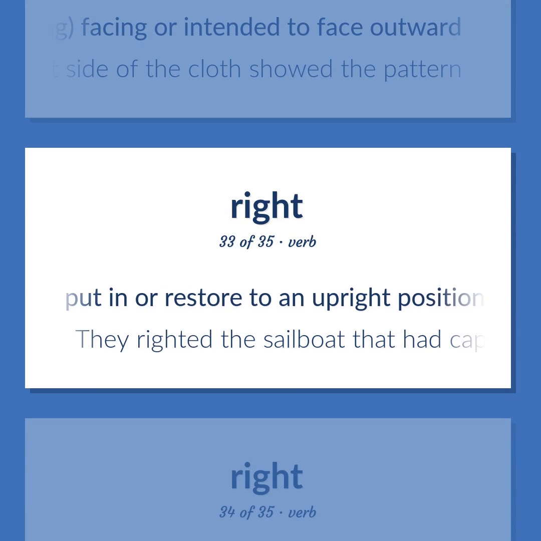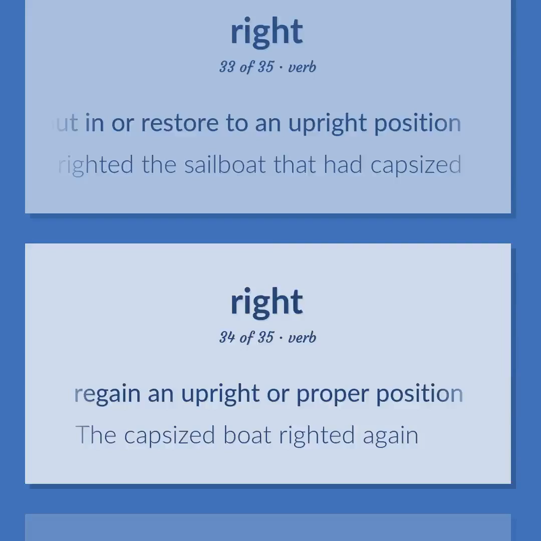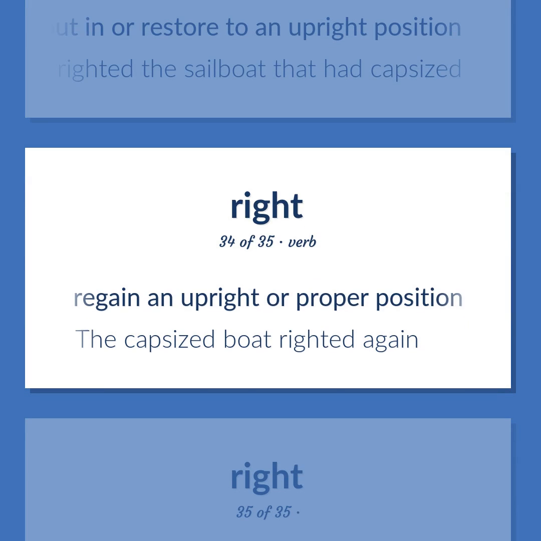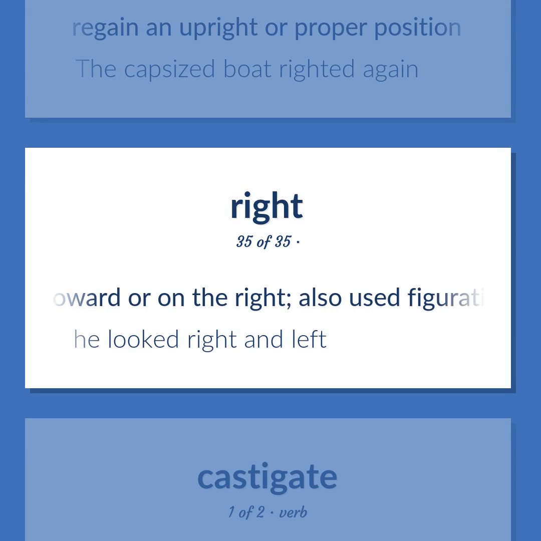Put in or restore to an upright position. They righted the sailboat that had capsized. Regain an upright or proper position. The capsized boat righted again. Toward or on the right, also used figuratively. He looked right and left.